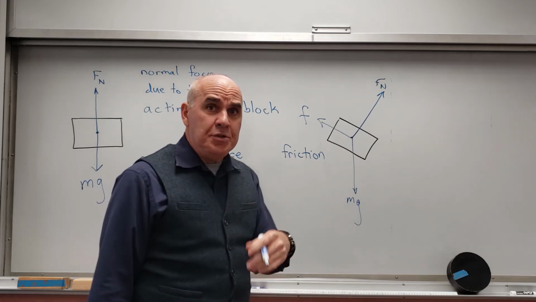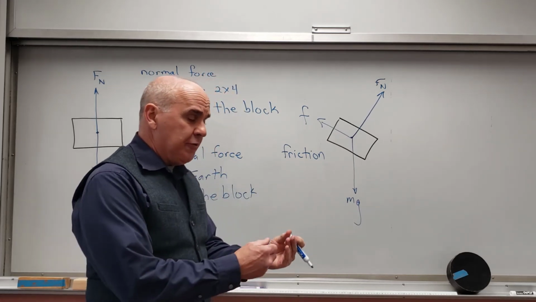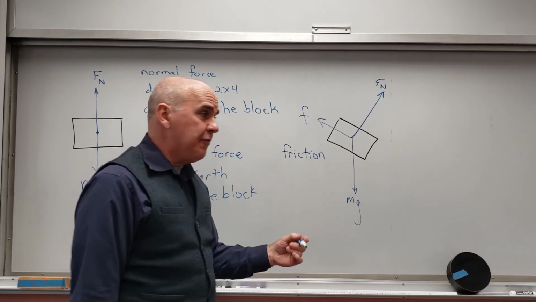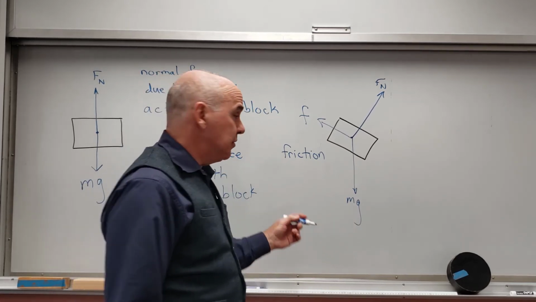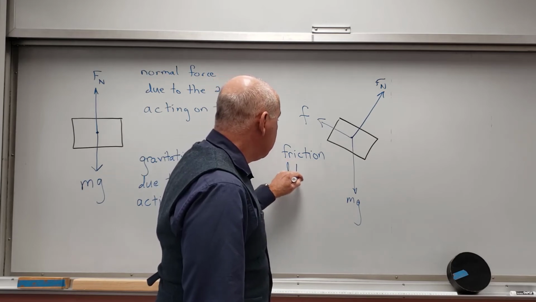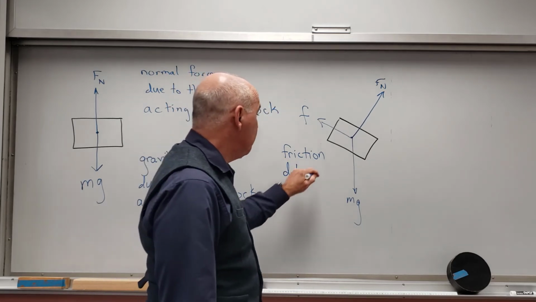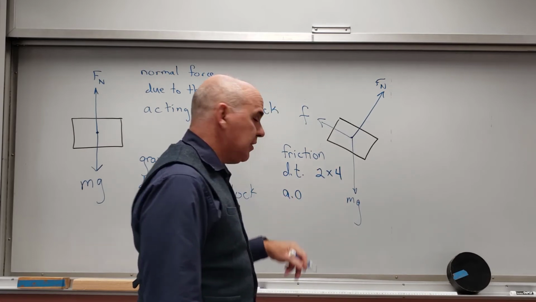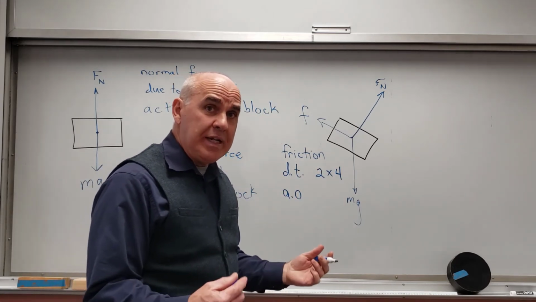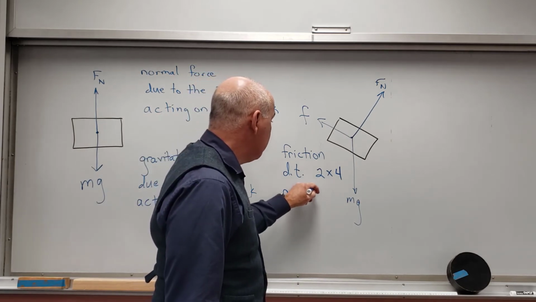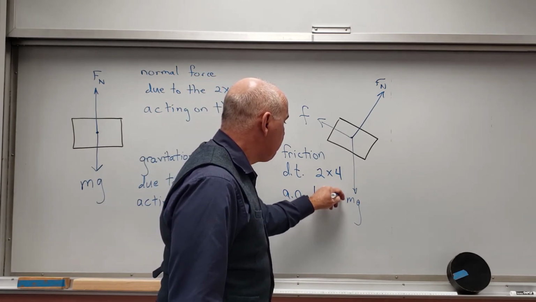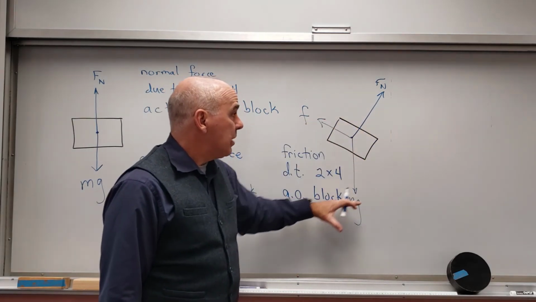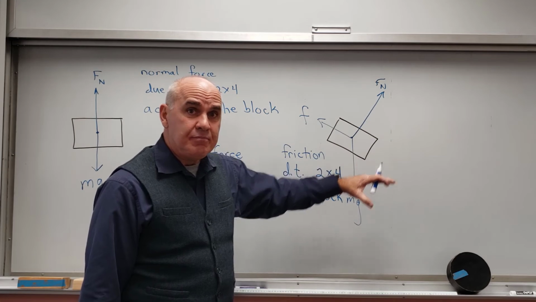And that's due to the 2x4. The 2x4 is exerting the frictional force on the block. So I say due to the 2x4. I don't want to keep writing due to, so I'm going to abbreviate DT, due to the 2x4. And then acting on, I don't want to keep writing acting on, so I'm just going to write AO, acting on the block. And there's the force diagram for the block on the incline.